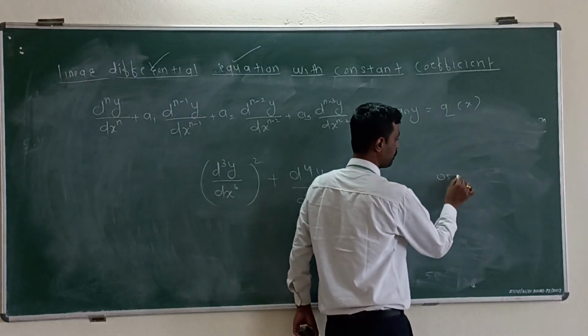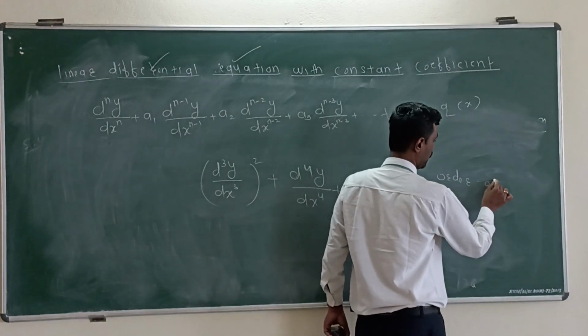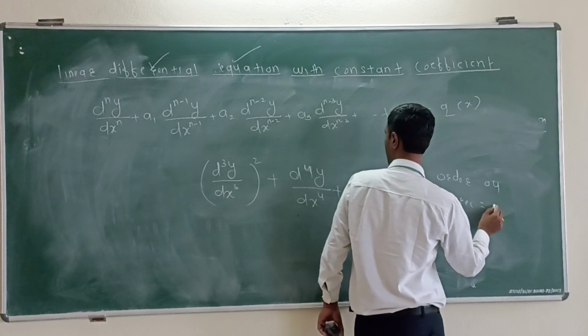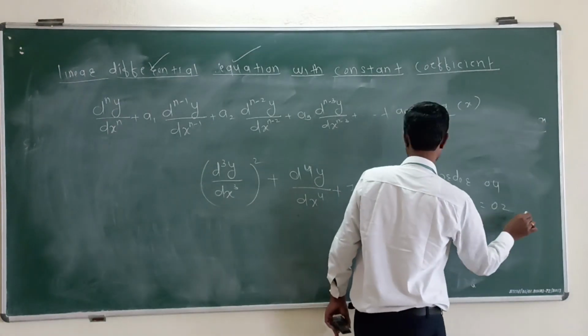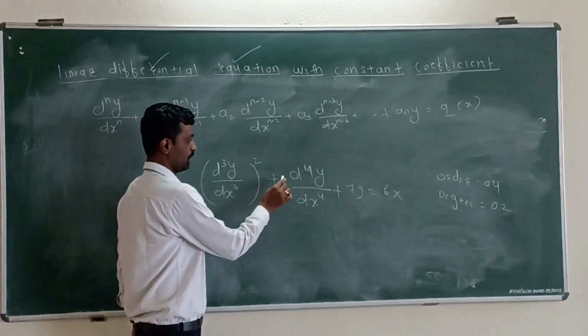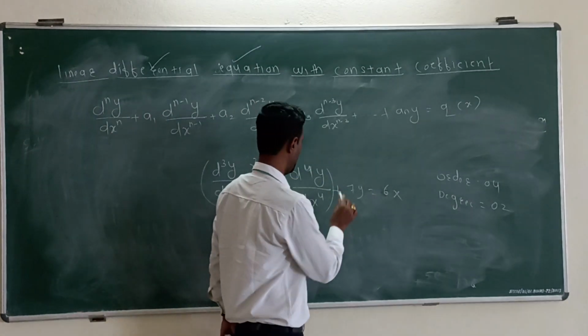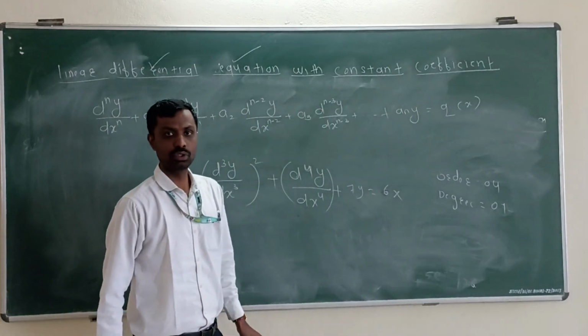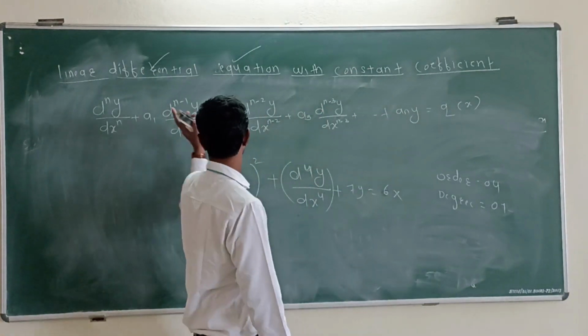So the order of this equation is 4, and its degree is 1. So, what is the meaning of linear?